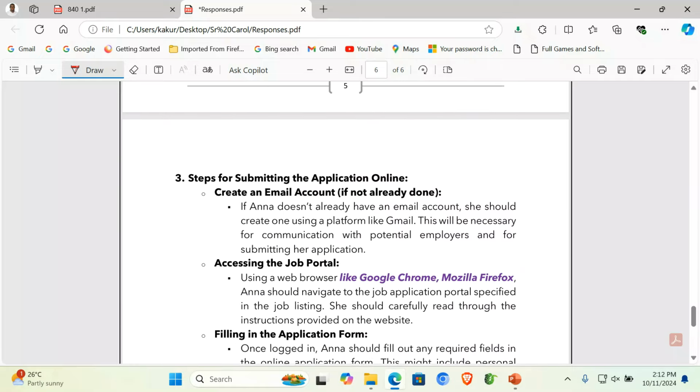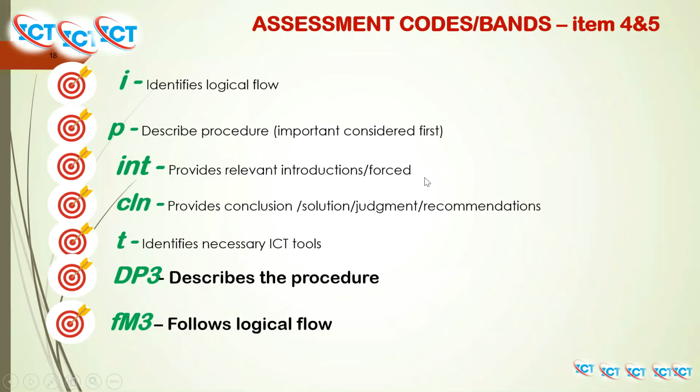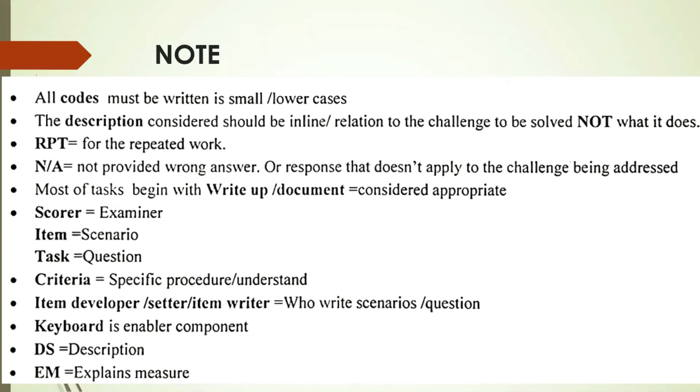So these are your score bands, assessment codes of bands. You need to take note that all codes will be written in small letters while they are assessing your tools, your responses. Then the description considered should be in relation with the challenge to be solved, not what the tool does. So we don't expect someone to bring a monitor and then say this is an output device.